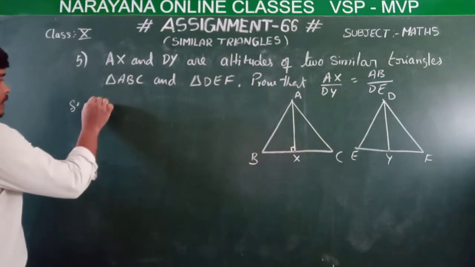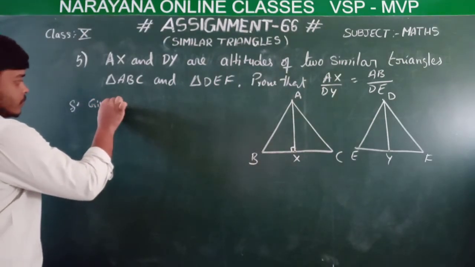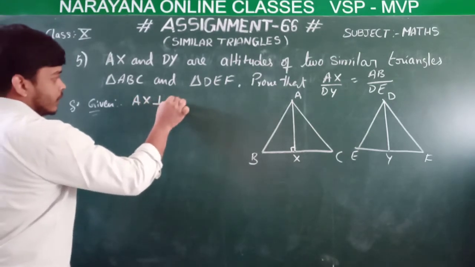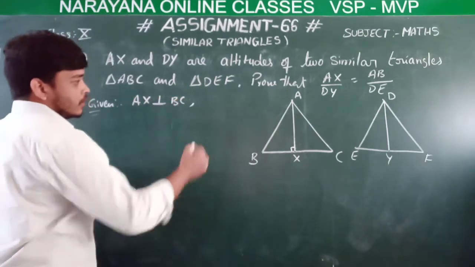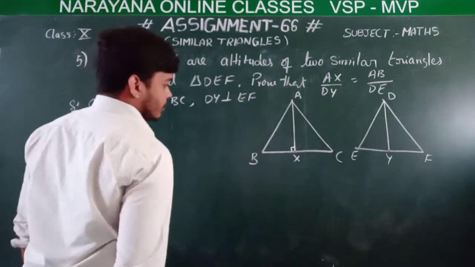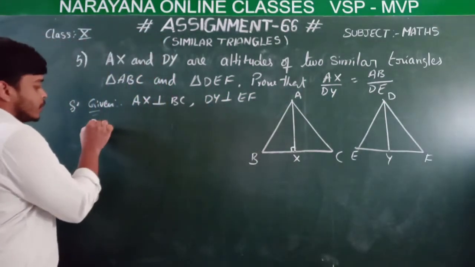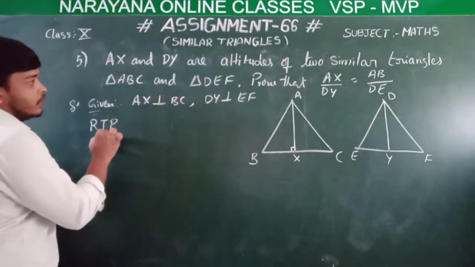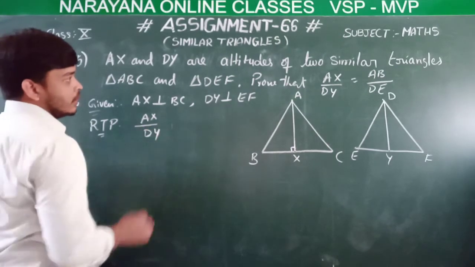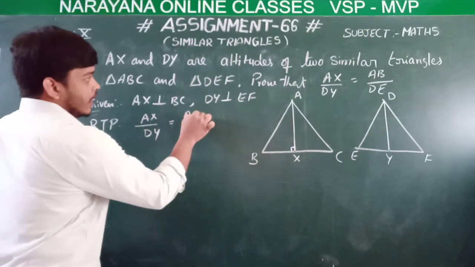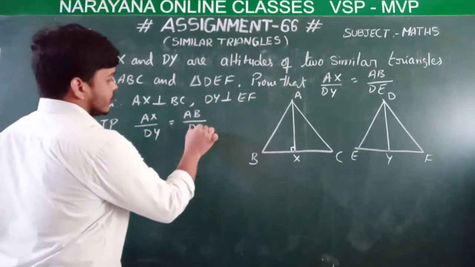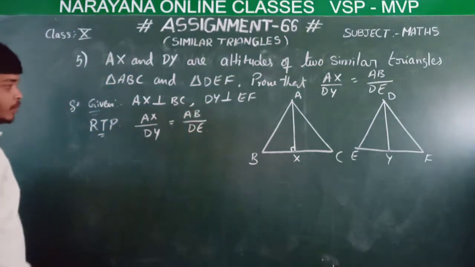So what is given? AX is perpendicular to BC and DY is perpendicular to EF. What we need to prove is AX by DY is equal to AB by DE.